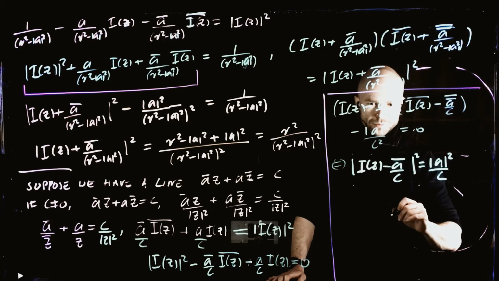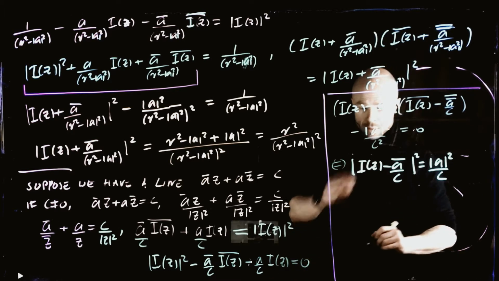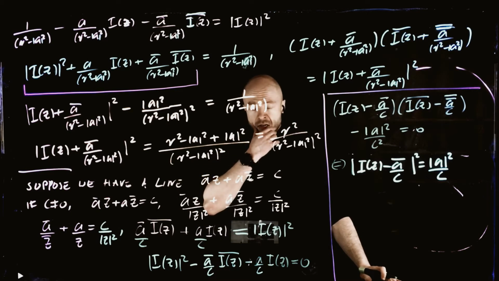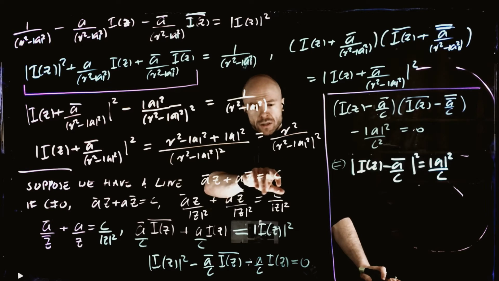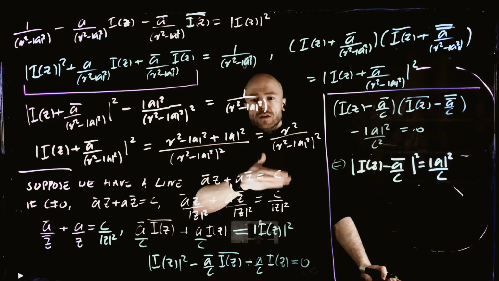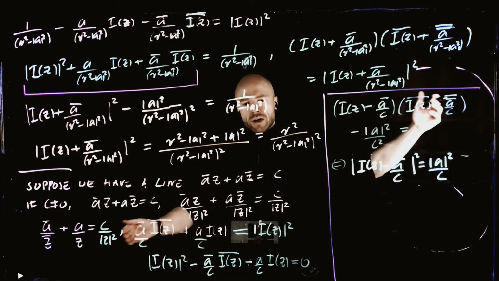Cool. And if we've got this right, then as the line gets closer and closer to 0, this thing should tend closer and closer to a circle with very large radius.